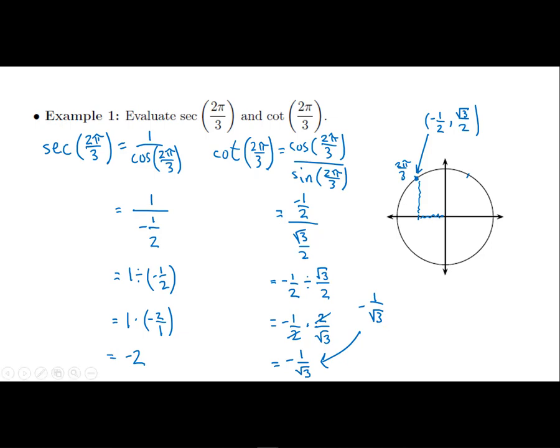So let's just remember that you can always take negative 1 over root 3 and multiply the top and bottom by root 3. And the square root of 3 times the square root of 3 is just 3. And then on top, of course, we just have root 3. So this would also be a valid way of writing it, and that may be how the answer is written in some cases. But again, I'm fine with you leaving it this way.